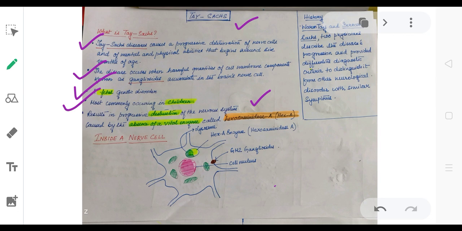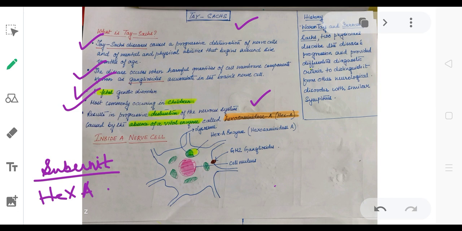Tay-Sachs disease is caused by a genetic mutation in the HEX-A gene on chromosome 15, which codes for a subunit of the hexosaminidase enzyme, which is hexosaminidase A, or HEX-A.